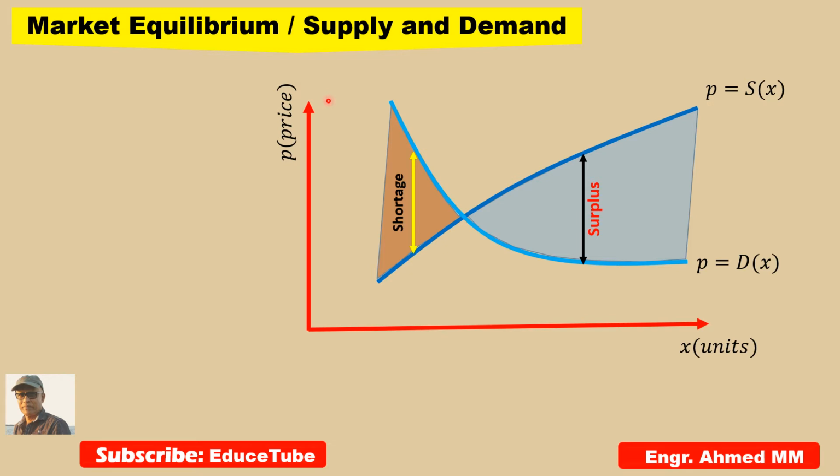So we are in a dynamic situation where the price, supply and demand fluctuate until a price is reached at which supply is equal to demand, and in economic theory this point is called the equilibrium point.